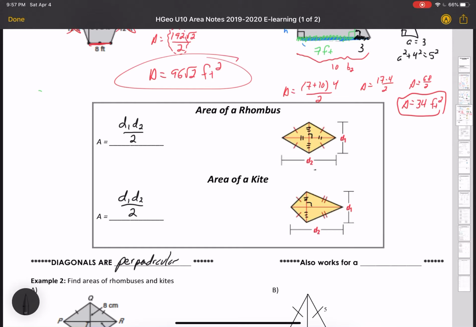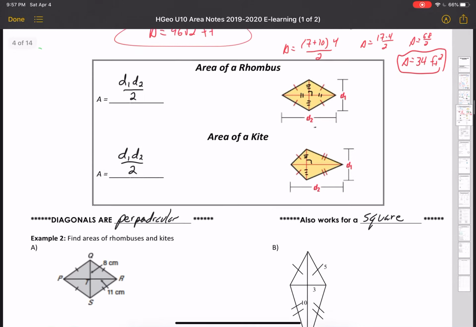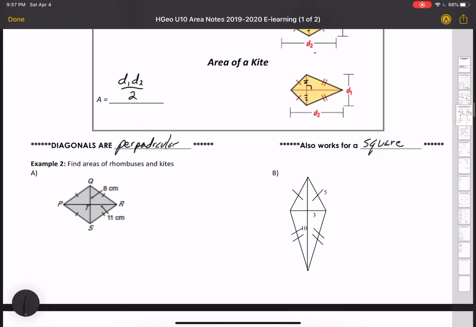And because they work in a rhombus and a kite, they work in that one figure that takes all the properties from everything else, that figure being a square. So if you have a square and you've got stuff with the diagonals, you don't need to try to find the side lengths in order to find the area. You could just do D1 times D2 divided by 2. Okay? So let's go through these problems.